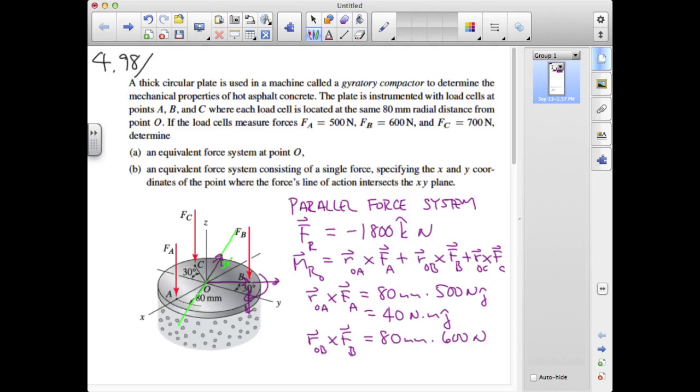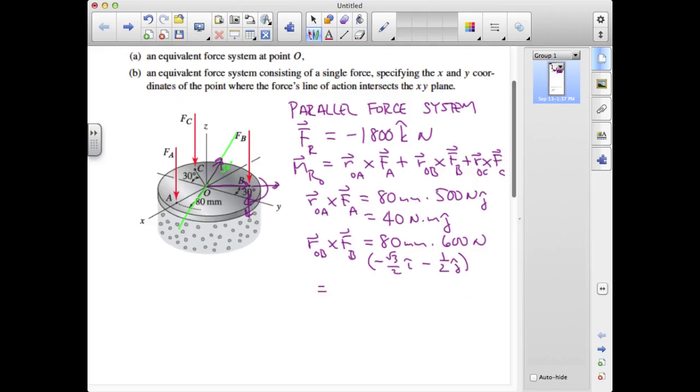That'll be the magnitude. And then the direction will be determined by the unit vector that's shown as the green line in the figure, going from O backwards in both negative x and negative y space. That unit vector will be minus cosine 30 degrees in i, so that's minus root 3 over 2 in i, minus sine 30 degrees in j, minus 1/2 j. Now the 80 millimeters times 600 newtons will give us 48 newton meters. And so for the time being, I'm just going to write that as 48 newton meters on this unit vector.